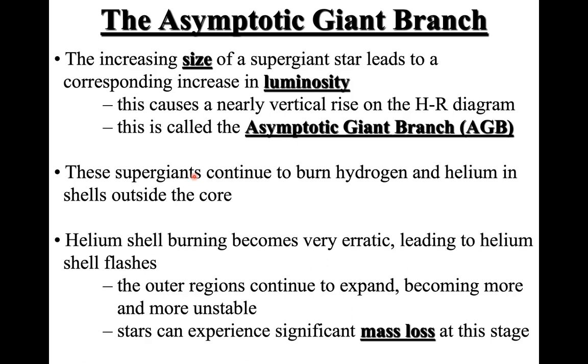Once this happens, the outer region of this star will continue to expand more and more and will become more unstable, right? In this particular state, the star can experience significant mass loss, so the star will also lose some of its mass because of this.